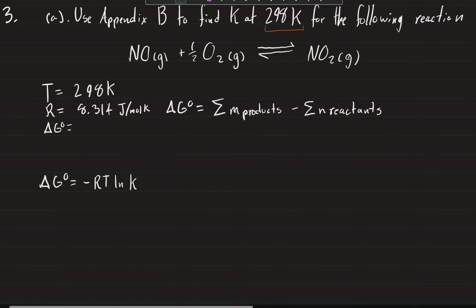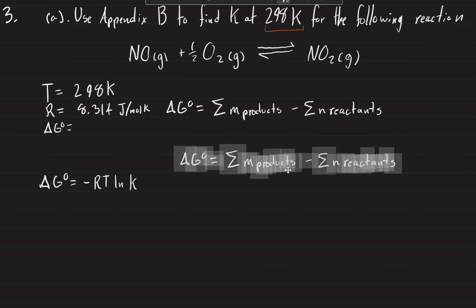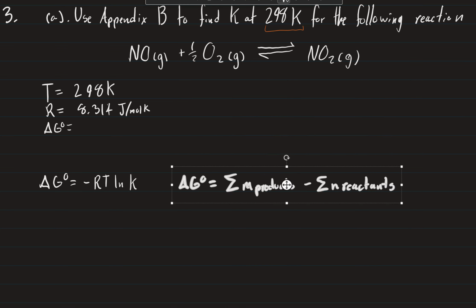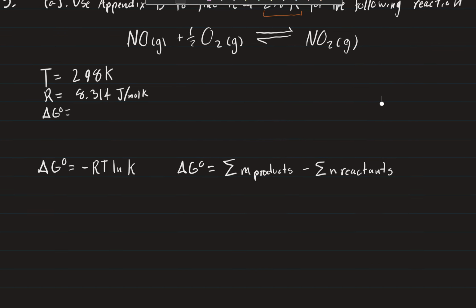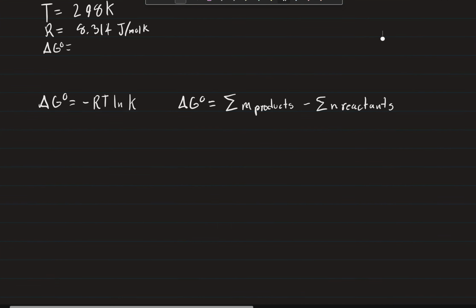Okay, so let's do that. We're going to bring it down here. For delta G at standard conditions, we're going to set that equal to 1 mole of NO2.